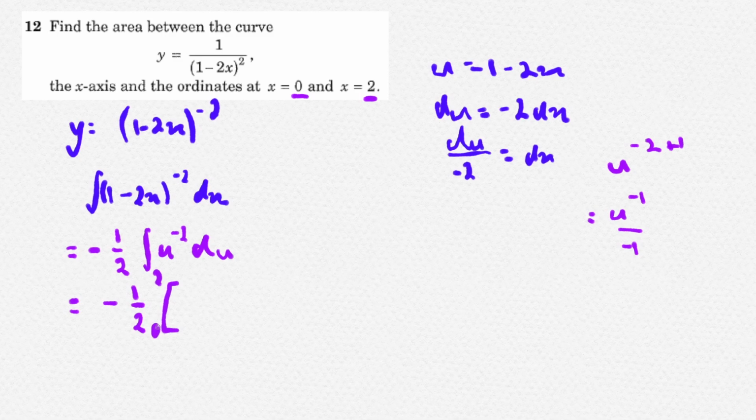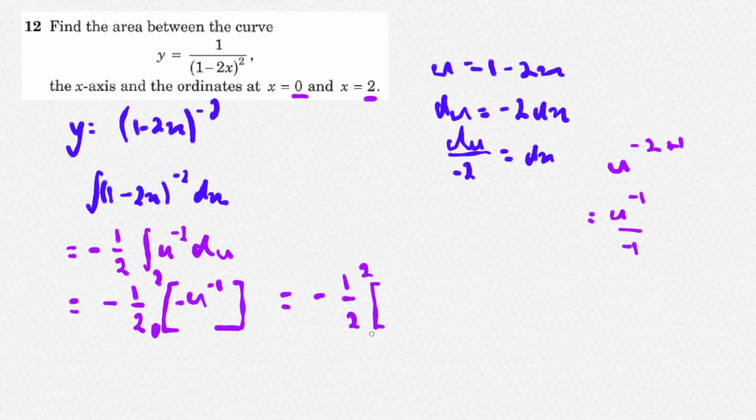However, we now know the limits in this question are 2 and 0. If the question does not say, always write the larger value at the top of the limit. So, u to the power of minus 1 divided by minus 1 can also be written as minus u to the power of minus 1.